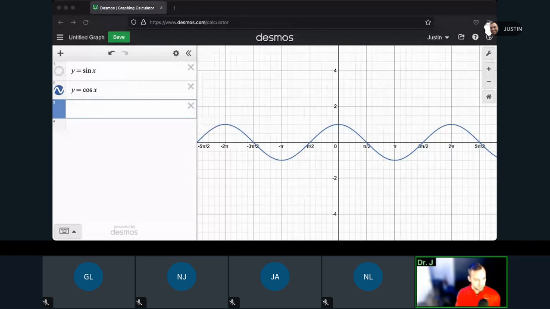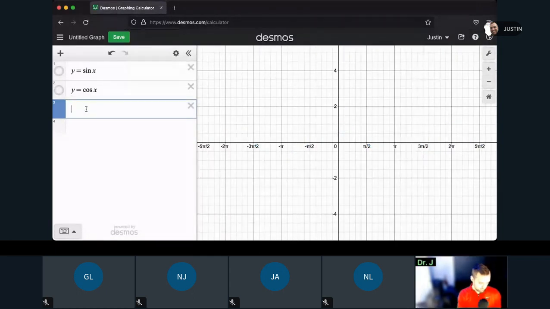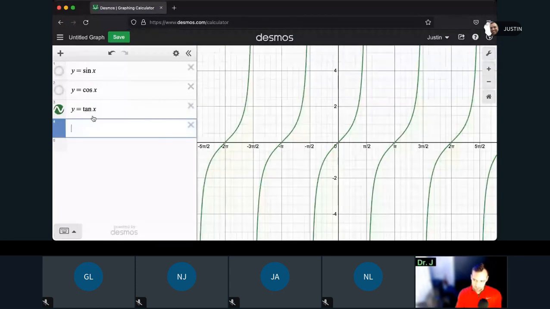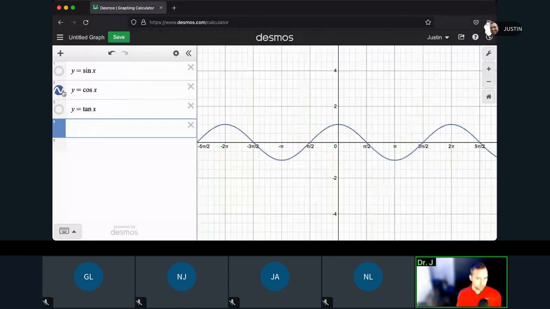All right, everyone doing good so far? Okay, good. Lastly, we're going to type in the tangent. I'm going to unselect my cosine and type in y equals tan of x. Hit enter. Kind of crazy looking. Oh, real quick, sorry, I'm not done with cosine x.